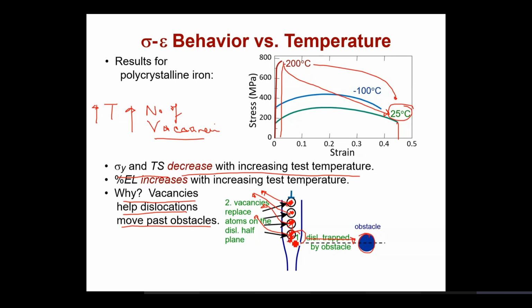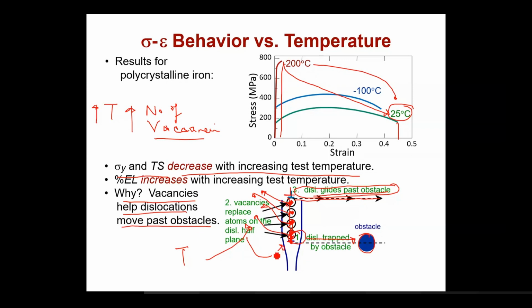So the dislocation would move upwards over here and it would glide past the obstacle on a parallel plane, in the same direction, thereby making the dislocation motion easier. Thus, due to temperature, vacancies were created, and these vacancies essentially help dislocation move.